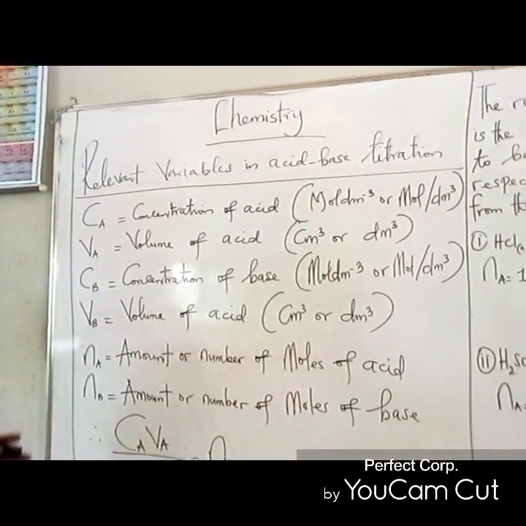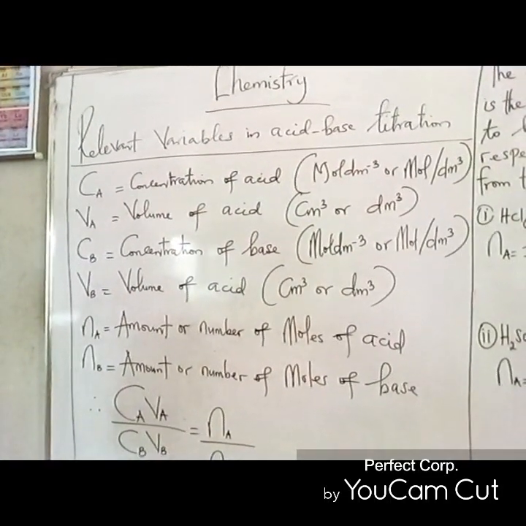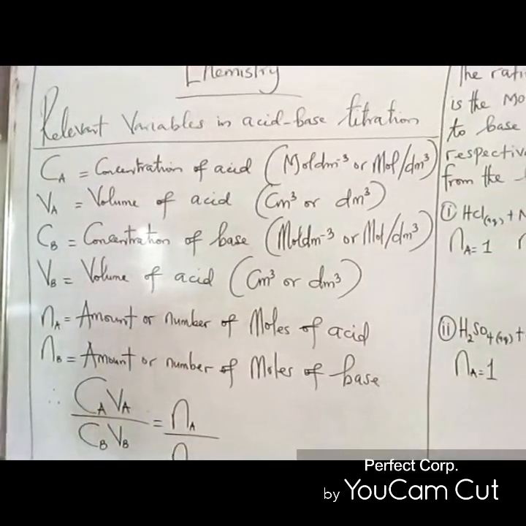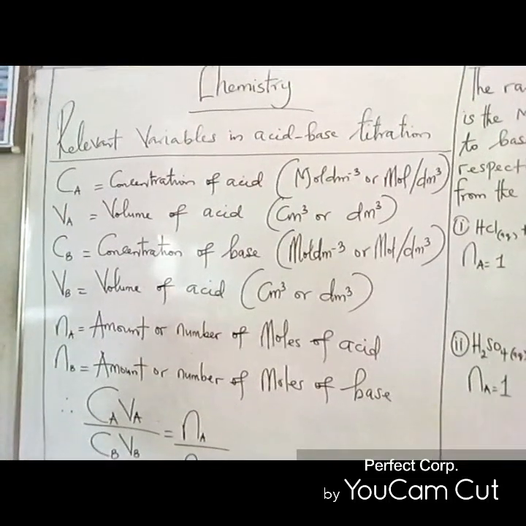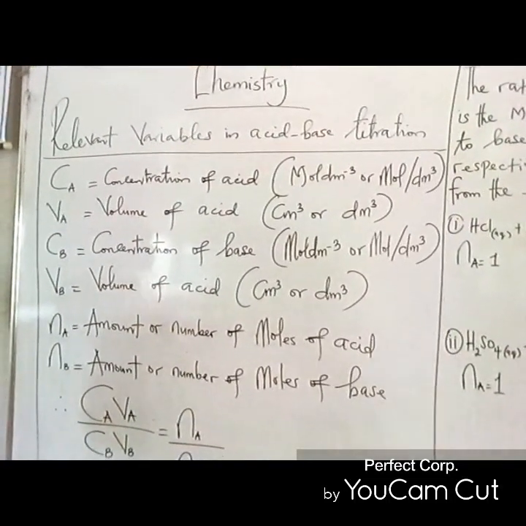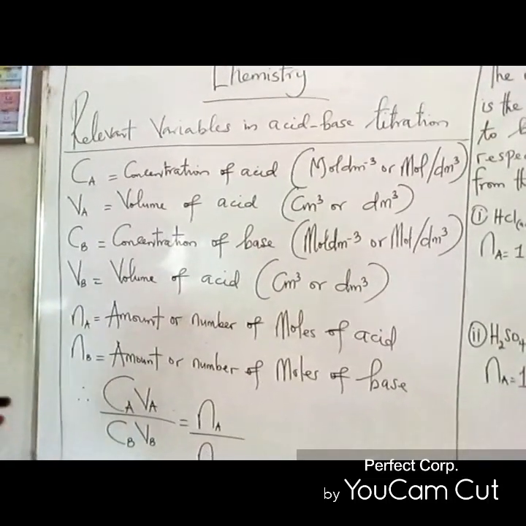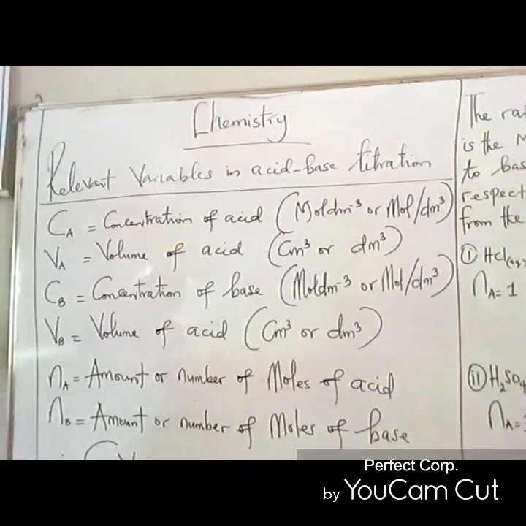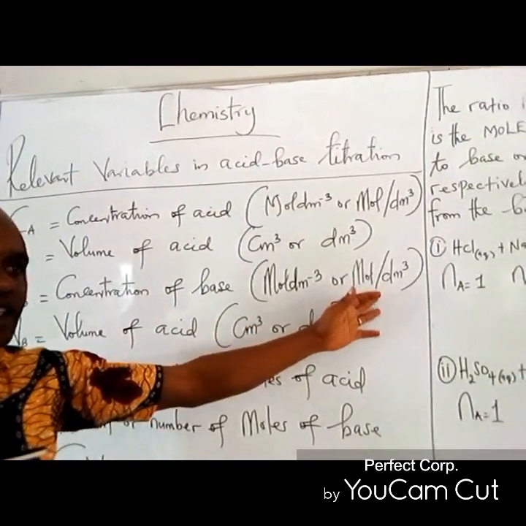Then the next one is Va, which is volume of acid, and the unit for volume of acid is cubic centimeter or cubic decimeter, depending on the question you are given. Then the next variable we have is Cb, which is concentration of base, and the unit to that variable is mole per dm cube, or you can also write it like this.